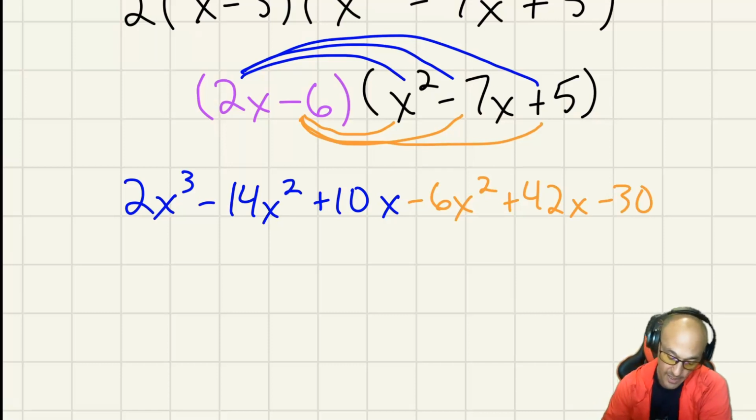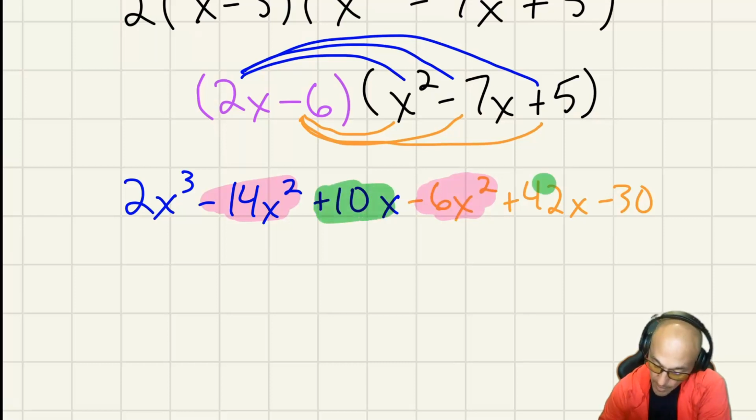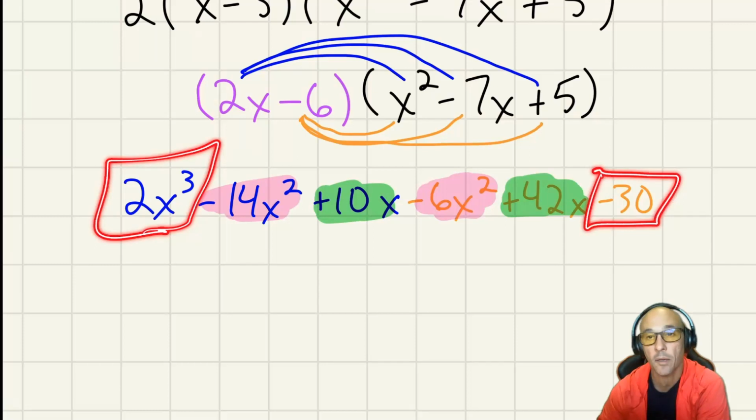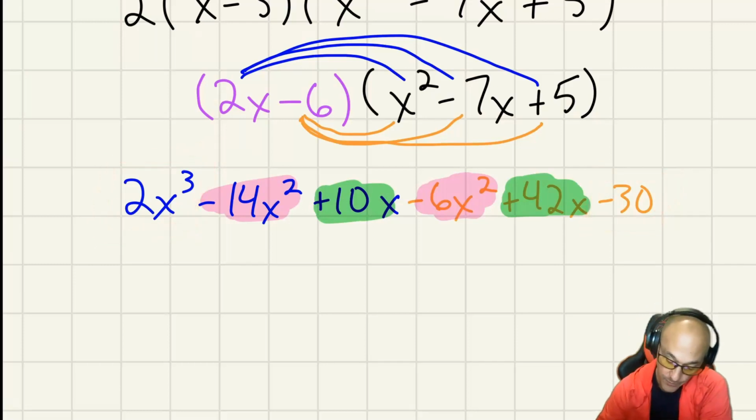And what I see here is that I have some things that I can combine. I can combine my -14x squared and this -6x squared. I can combine my +10x and my +42x. But I don't have anything to combine this x cubed term with, and I don't have anything to combine this constant with.